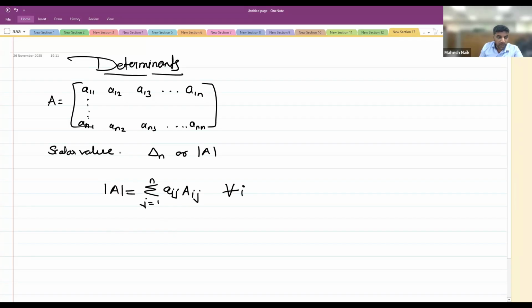So we'll have to take a row into consideration, and along the row, we can calculate the cofactors by deleting that row and different columns, which are given by j. That's how we'll calculate the cofactor. Okay, and if we go along the columns, the determinant definition would be i going from 1 to n, aij times Aij, and this would be applicable for all j.